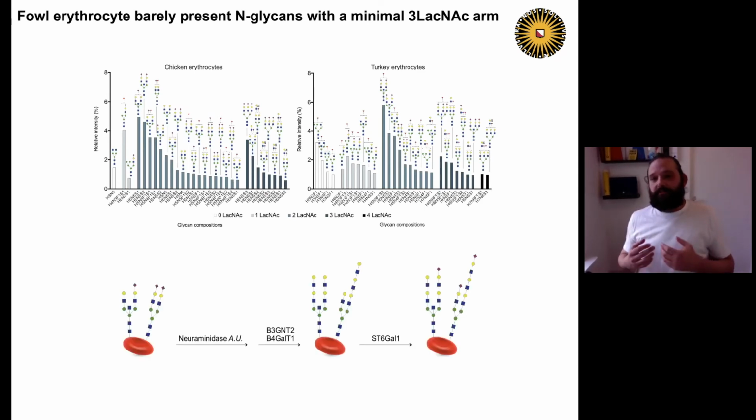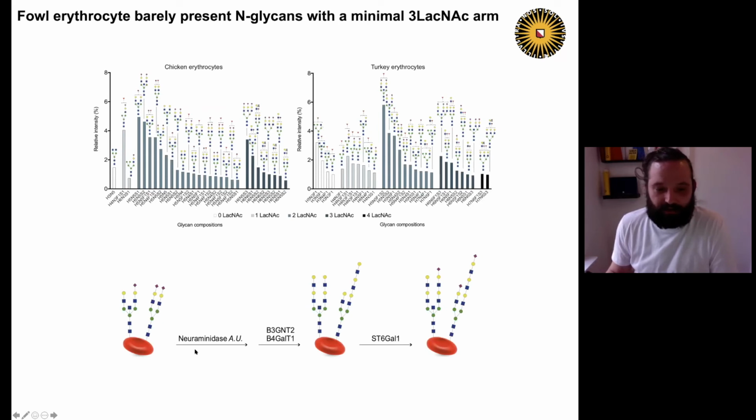So we did an assay to make these N-glycans. And actually, this is a very old assay, because I think a lot of people remember resialylation of a red blood cell. You start with a red blood cell, you remove the sialic acids, and instead of adding an alpha-2,6 or 2,3 linked sialic acid directly, we added an additional step.